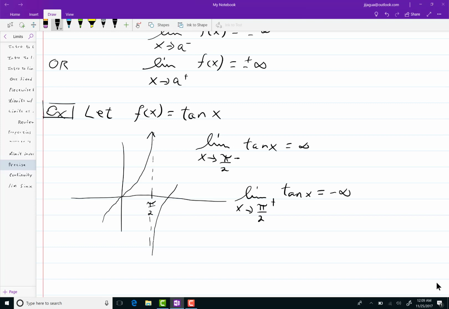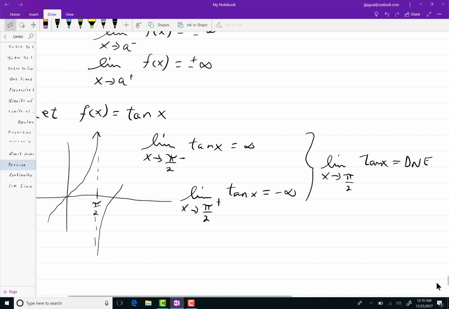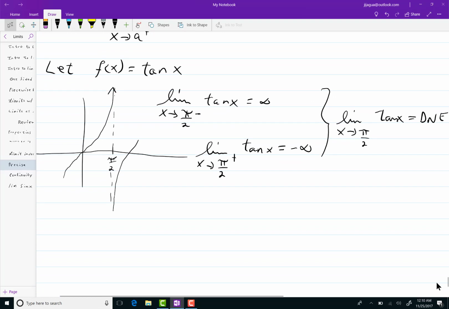So between these two things, the actual limit doesn't exist. So these two imply that the limit as x goes to pi over 2 of tangent of x does not exist. Nonetheless, the line x equals pi over 2 is still a vertical asymptote.